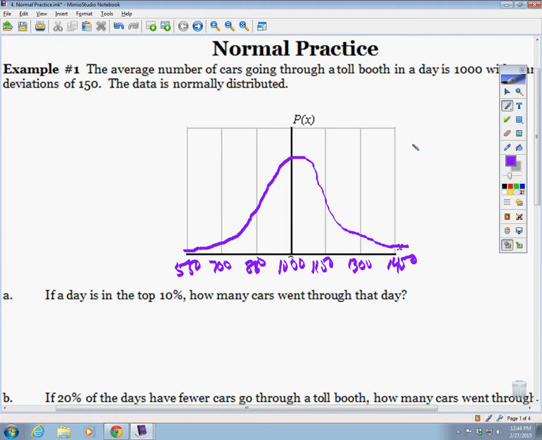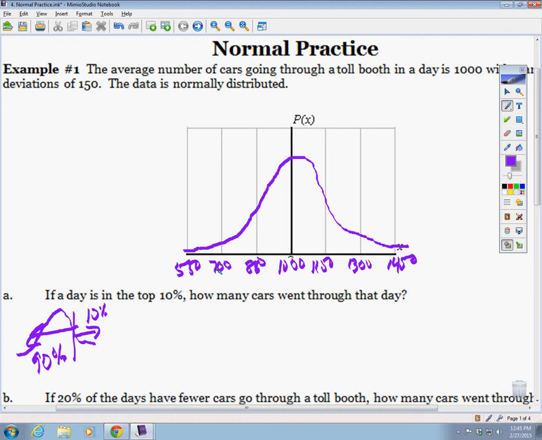If a day is in the top 10%, meaning, again, draw your bell curve, the top 10% would be over to the right, okay? Which means we need 90%. And why do we need 90%? Well, remember, your Z table only shows you the area to the left.